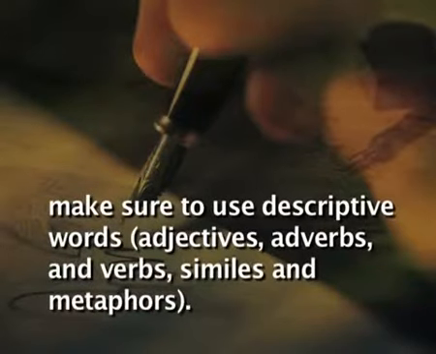And the next thing is, make sure to use descriptive words. For example, adjectives, adverbs, and verbs, similes, and metaphors. Once your paragraph is ready, check for these things. If not, see where you can add them and how colorful you can make the sentences. I told you this is not the final stage.